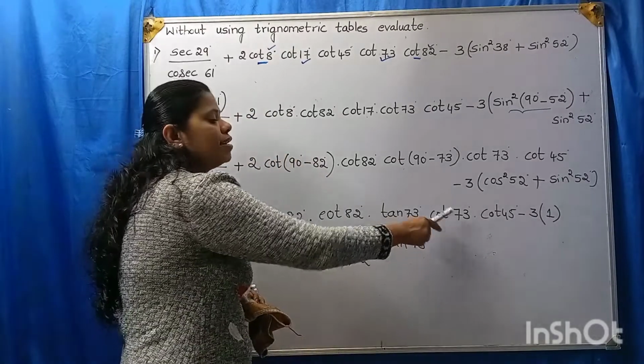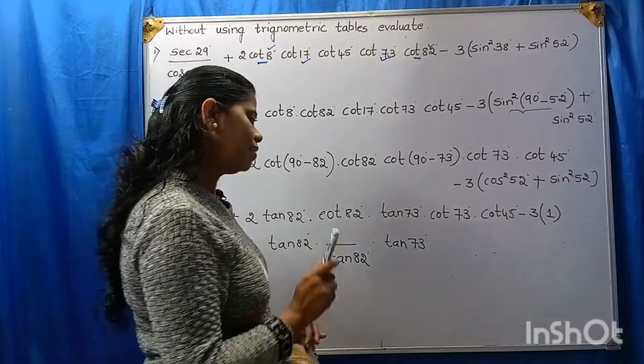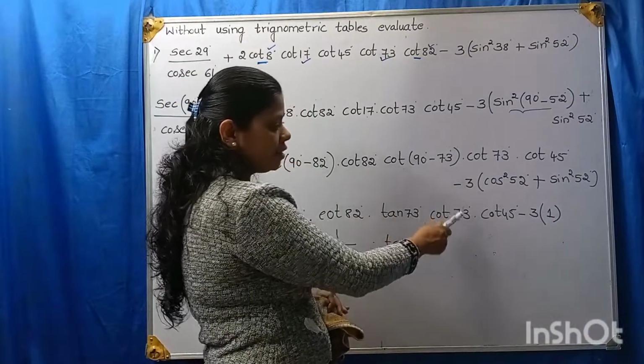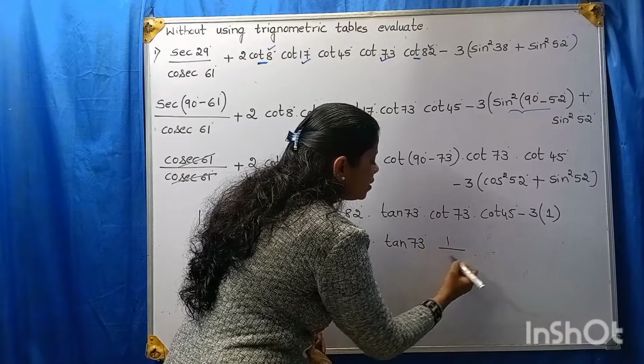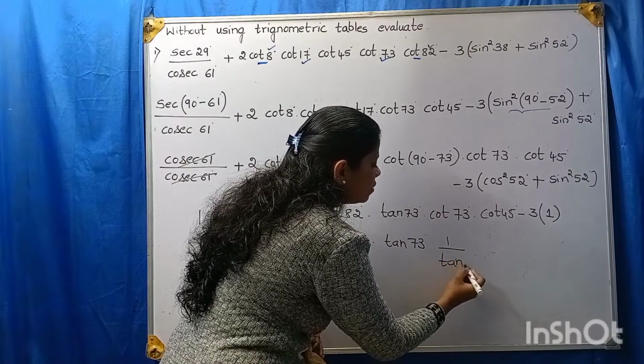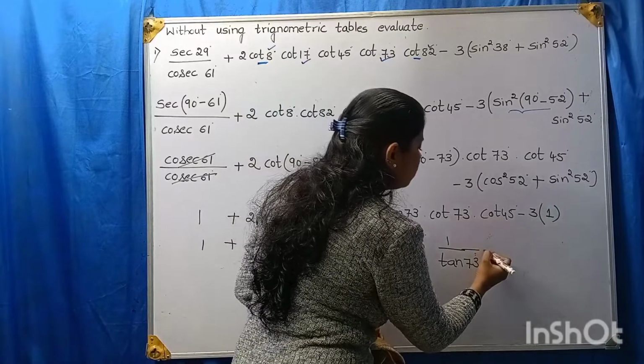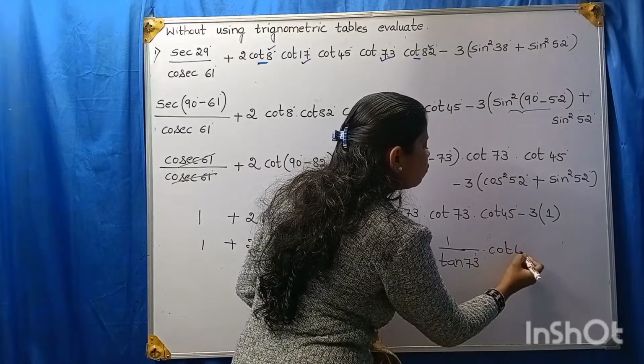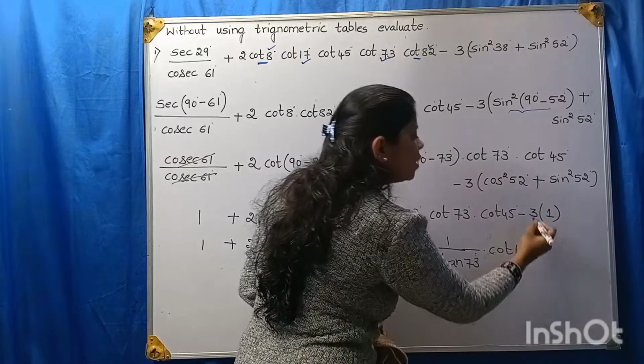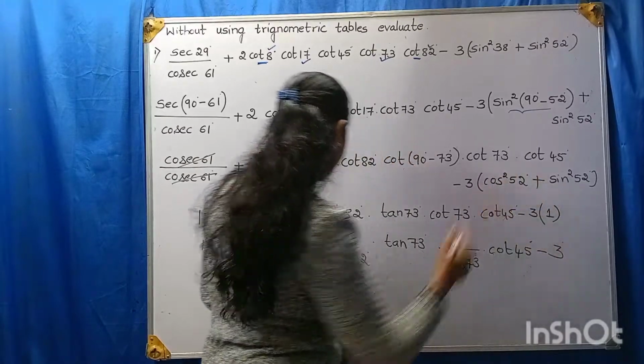Again, cot theta is the reciprocal of tan theta. Therefore, this cot 73 degree, I can write as 1 by tan 73 degree, into cot 45 degree minus 3 into 1 is 3.